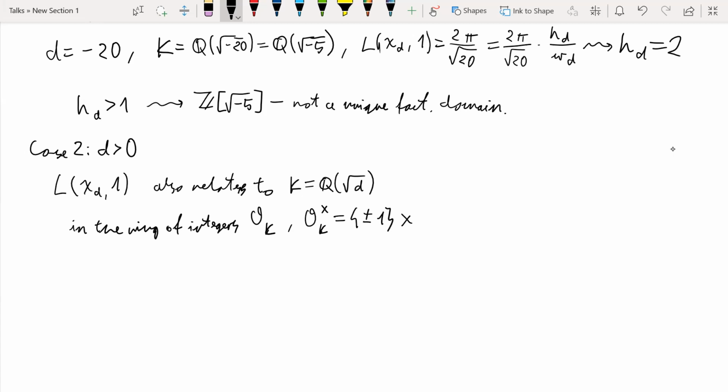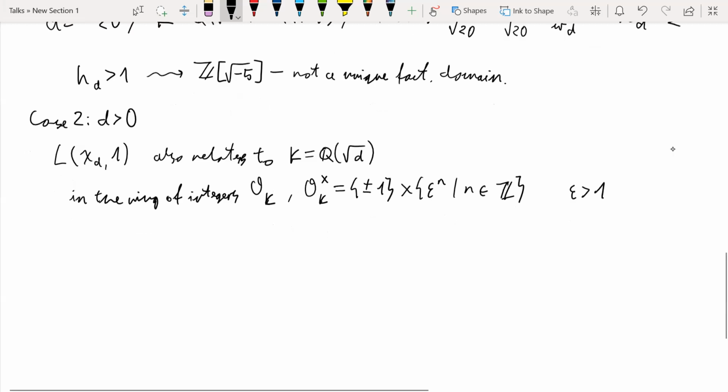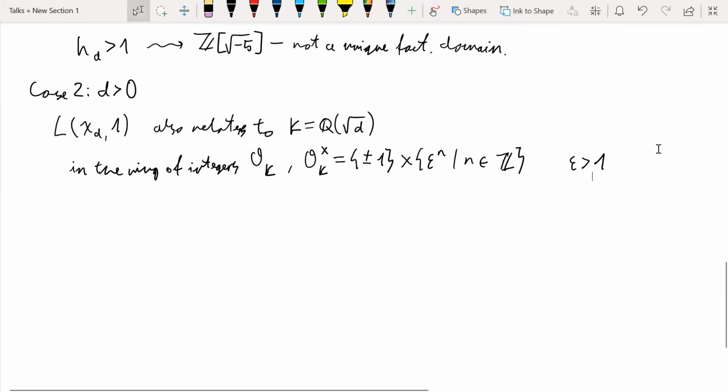So I write it as epsilon to the n, where n is in Z. And as much as it pains me, as it will you, epsilon here is a standard notation for an element which is greater than 1. So this is not to be thought of as an epsilon from analysis, which is very small and close to 0. And this epsilon here is called the fundamental unit.